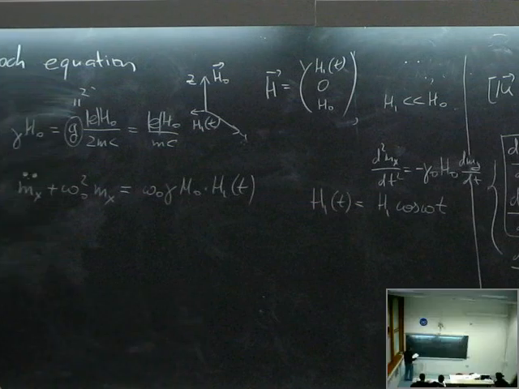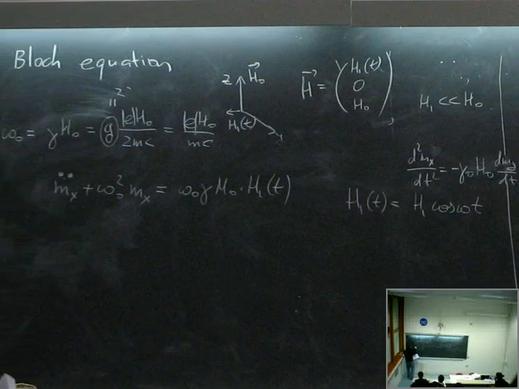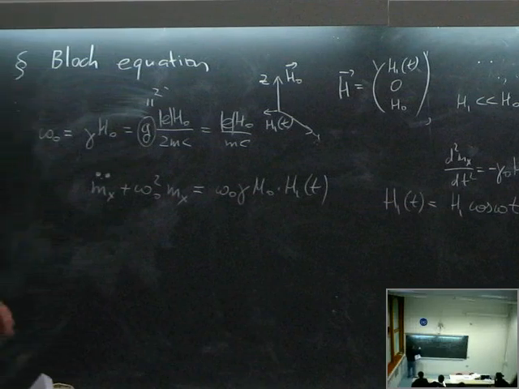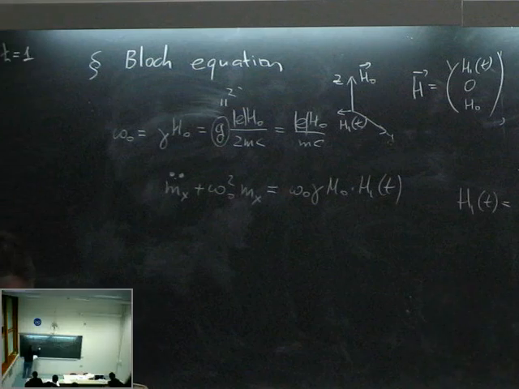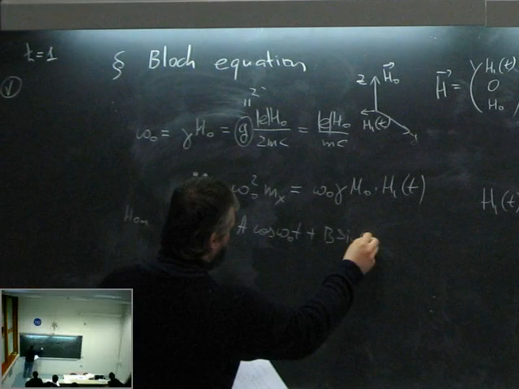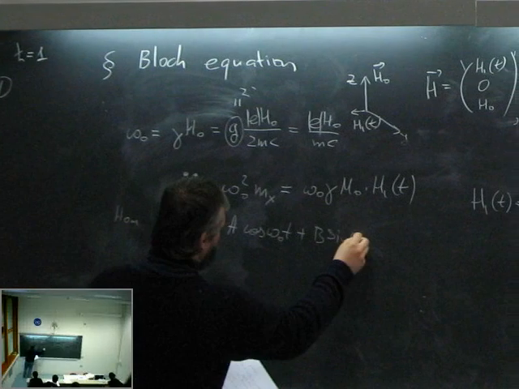Then, as I said, the homogeneous solution is mx equal to a cosine omega naught t plus b sine omega naught t.